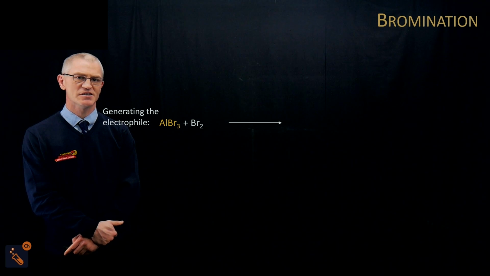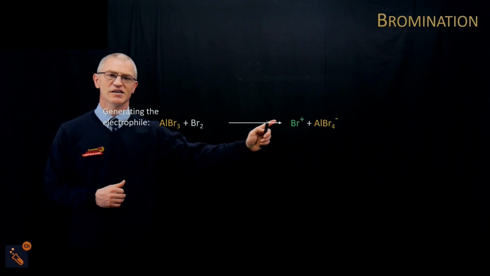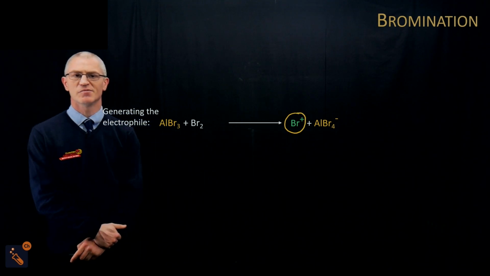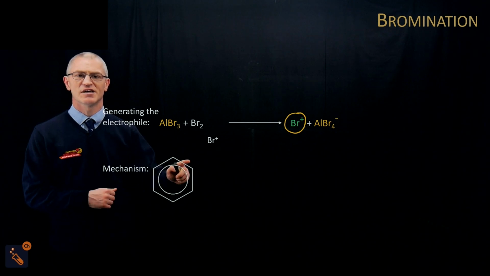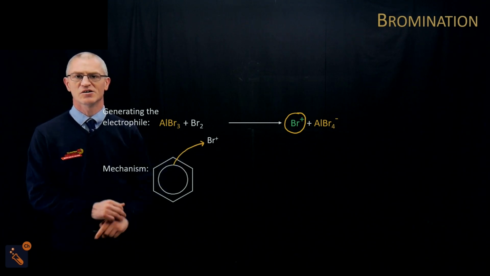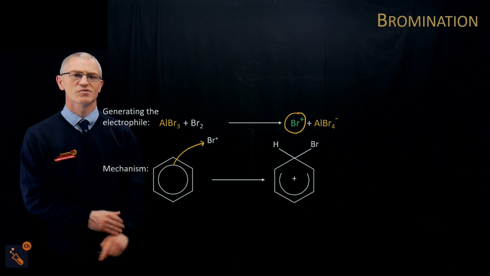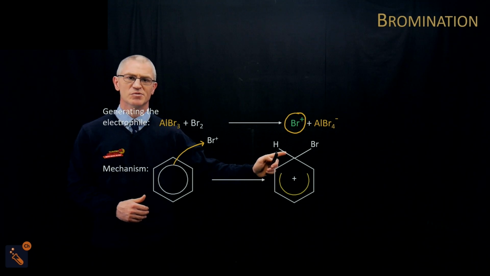Generating the electrophile is AlBr3 plus Br2, and here's our electrophile, this time Br+. We then do our mechanism, taking the electrons out of the delocalized system, 2 of them, to the Br+. We then create our smiley face, missing 2 electrons, so we put the 2 electrons back in.